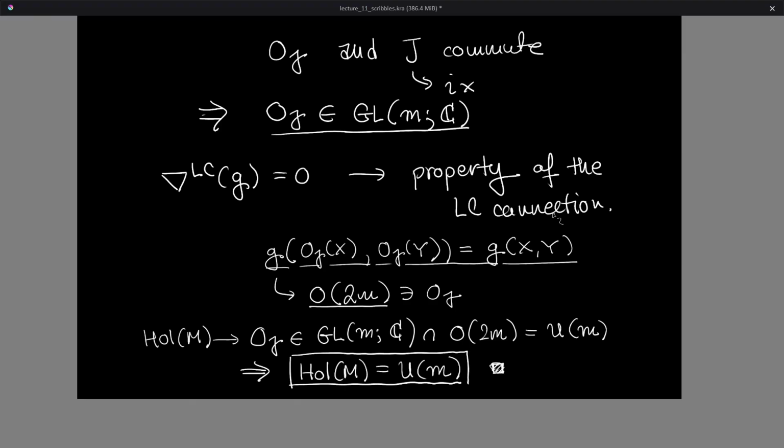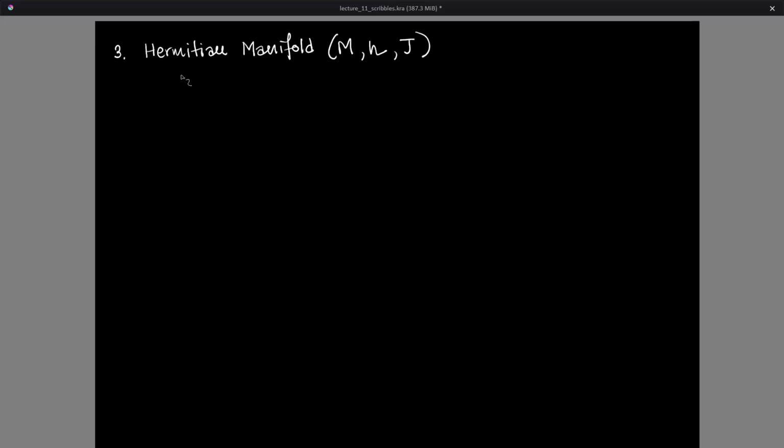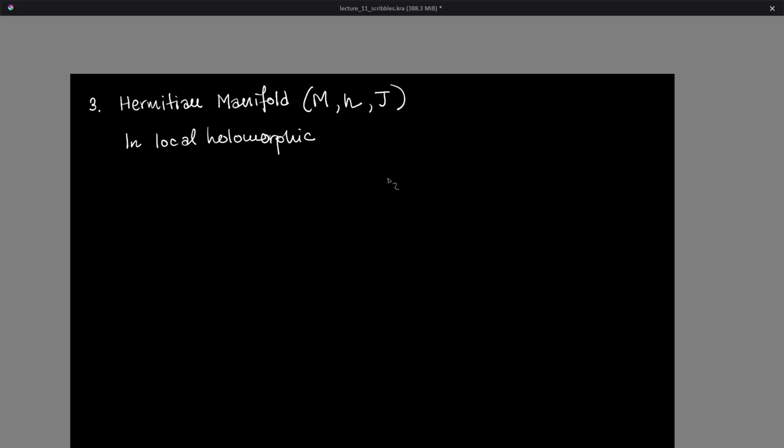So with that consequence out of the way, let's now look at the third definition of a Kähler manifold. Again, we start with a Hermitian manifold (M, h, J). This time what we're going to do is define local holomorphic coordinates, which we are guaranteed because we are on a complex manifold.